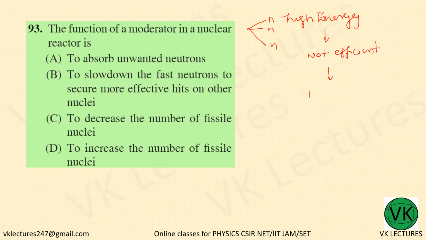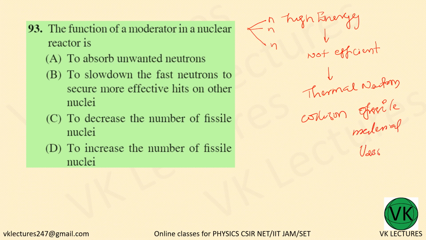They are called thermal neutrons. We reduce the energy so that collision occurs effectively with the fissile material, like uranium-235. So this process is done using a moderator.